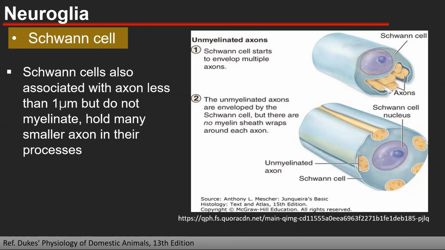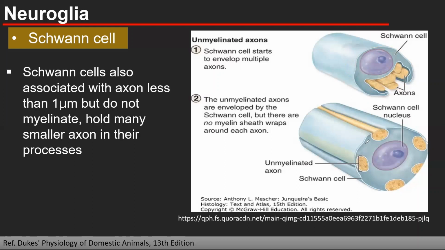They envelop the axons, but they don't form myelination. In non-myelinated axons, the Schwann cell doesn't form layers or wrap over the axon. So these are Schwann cells associated with unmyelinated axons.